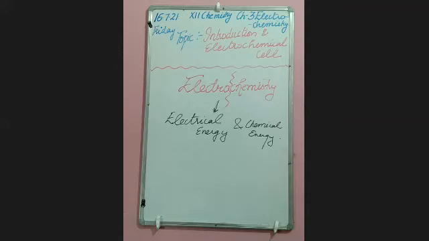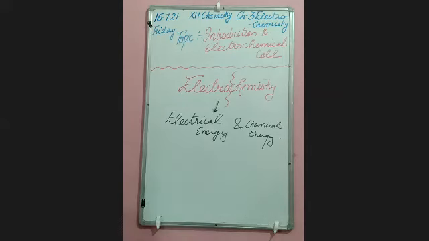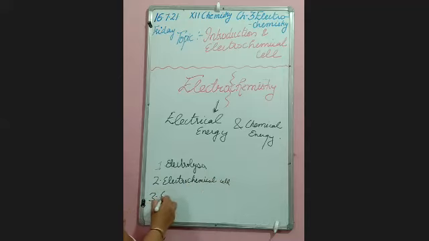Now, in electrochemistry, you have to deal with three main subjects: electrolysis, your electrochemical cell, and electrolytic conduction. We will discuss all these things.